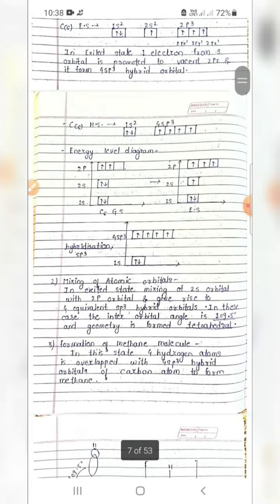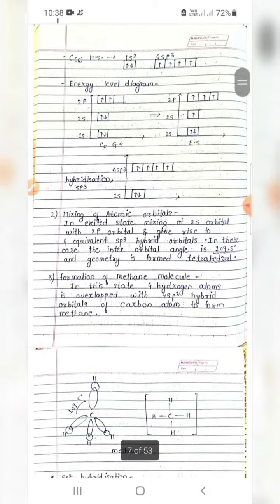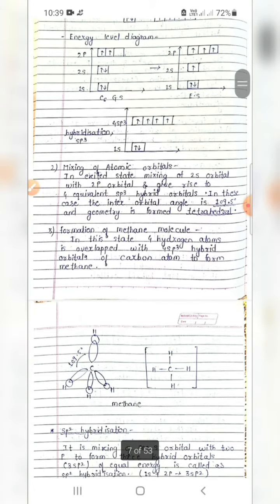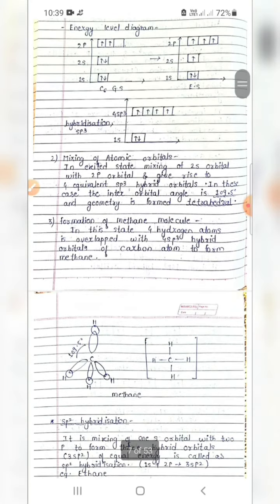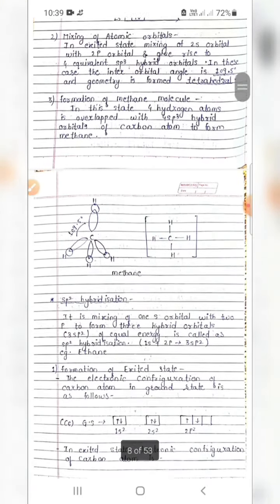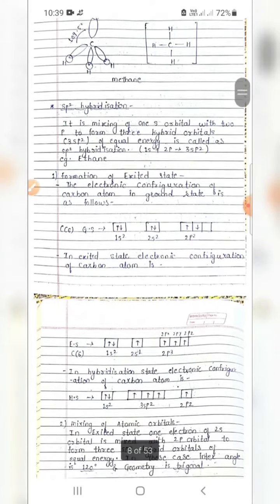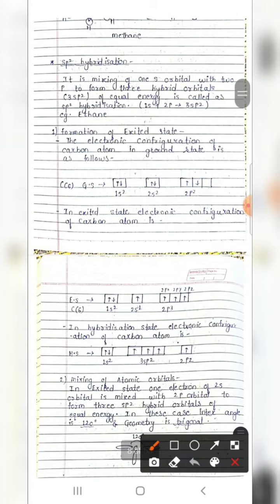Most of the time it is asked in exam. So energy level diagram also you have to remember and draw in exam. Okay, so same explain sp2 hybridization.